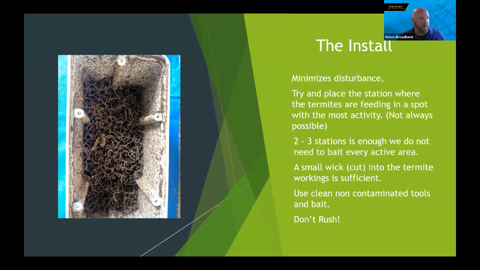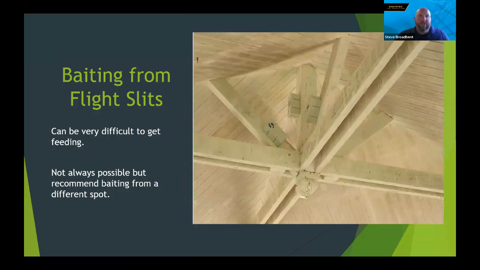We don't want to be ripping into it and knocking into it, just a nice little cut. Fill that cut with bait, and then place the bait box directly over that wick and secure it well. We want to fill the bait box with bait to the top. Bear in mind, the larger the food source, the more termites they throw at it. Okay, so that's important.